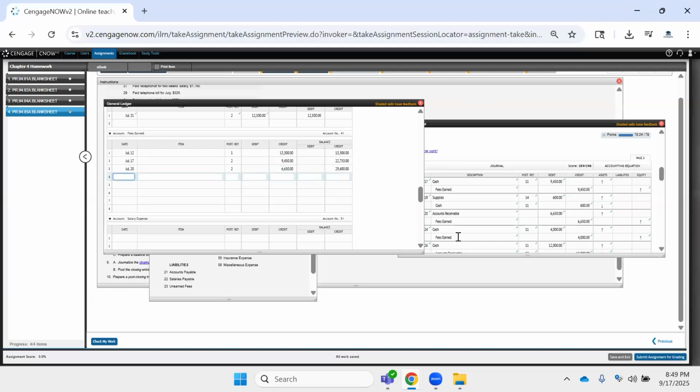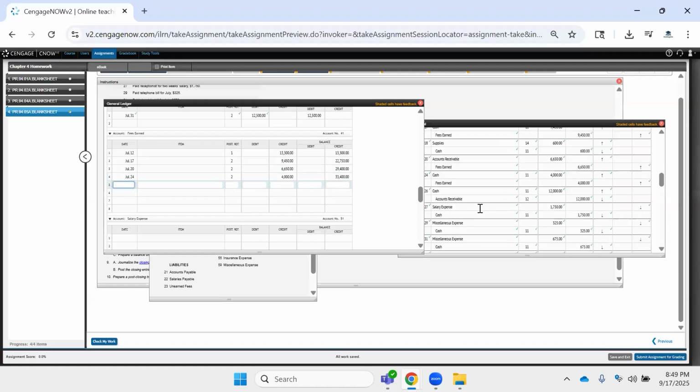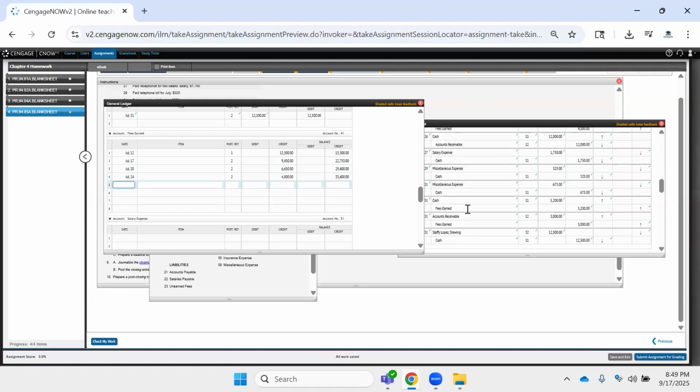Additionally, on the 24th, we have another 4,000 in revenue, putting us at 33,400. And then on the 31st, we had two more entries.